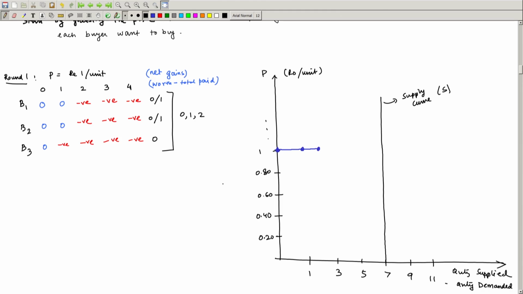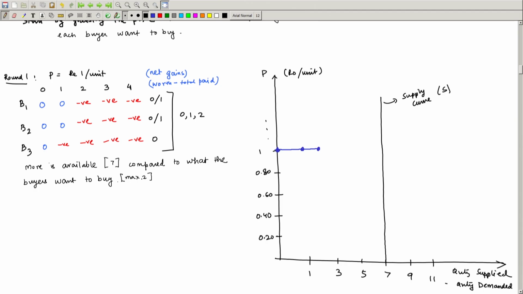Now, the takeaway there is that more is available, because there are 7 units compared to what the buyers want to buy. The maximum that people want to buy here at a price of 1 rupee per unit is actually 2 pencils, but 7 units are available.